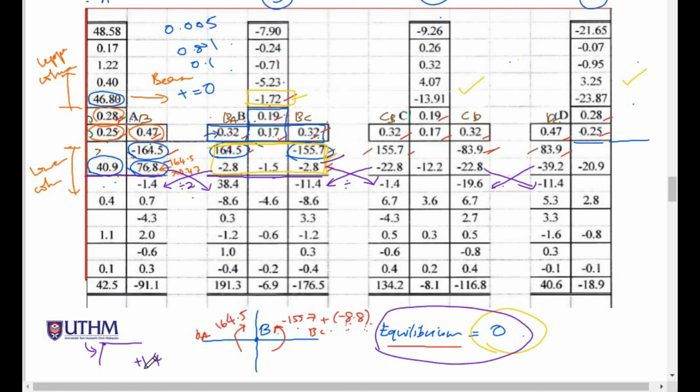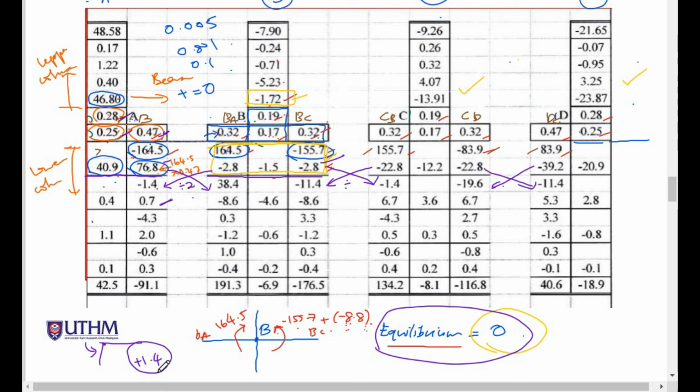Okay, so 1.4 positive will be distributed to AB, the lower column and the upper column based on the distribution factor given here. So 1.4 multiplied by 0.47 is equal to 0.7.